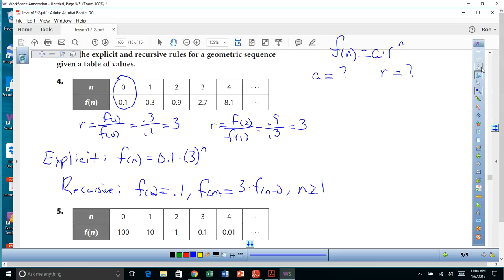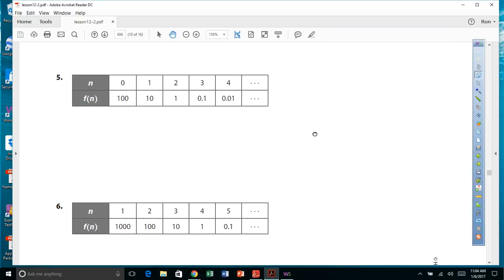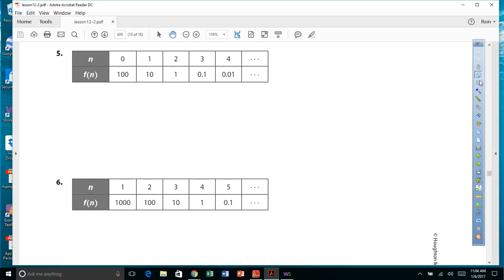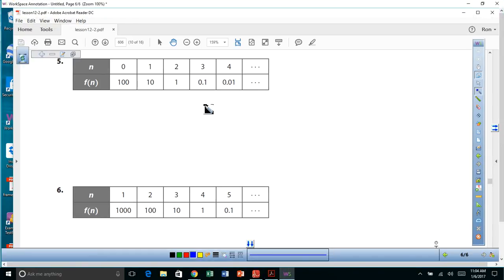Not too bad. Let's try 5. So we need to find out what a is. Well, a is going to be 100. So a equals 100. Now we need to find out what r is.